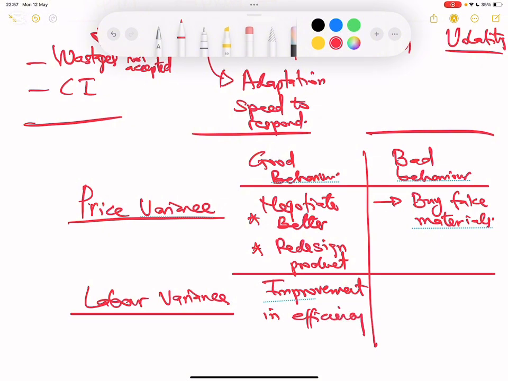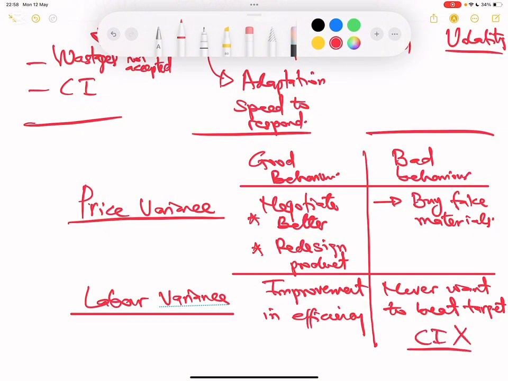But if they are not happy, if they think they are being measured based on criteria that are outside their control, they will never try to get better. They will never want to get better. They will never want to beat the target, because they believe that if they beat the target, you set an even tougher target the next time. So continuous improvement is not their thing. But here, they should be promoting continuous improvement.